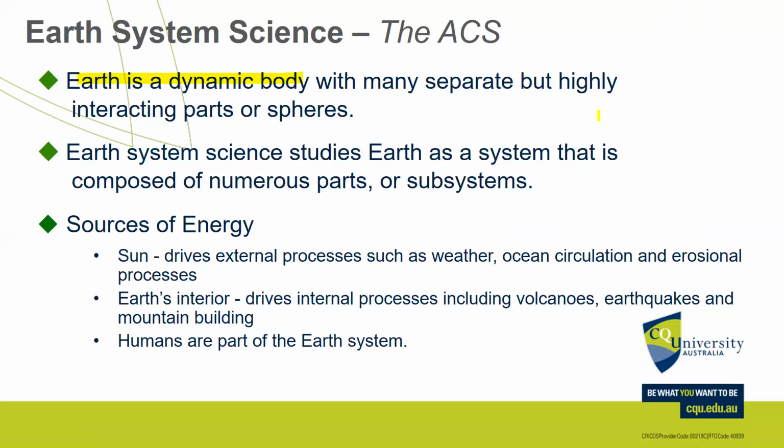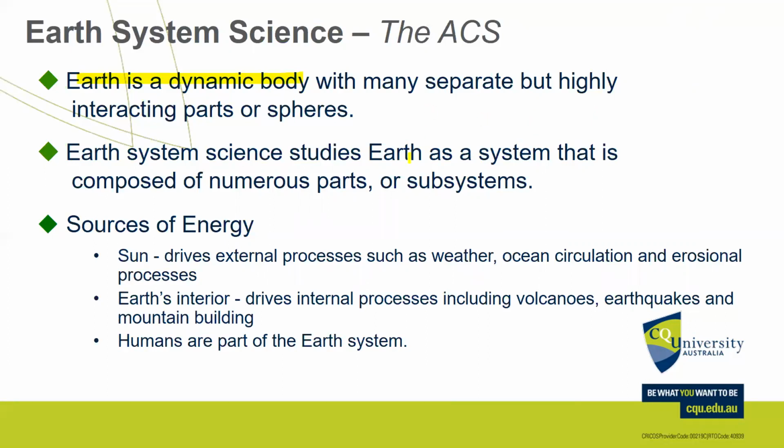And we can match this across each of the unit elaborations and the teaching elaborations. And we can see that the ACS is really trying to make this curriculum interact, bring these parts of the curriculum together. And each system studies the Earth as a system that is composed of numerous parts or subsystems.